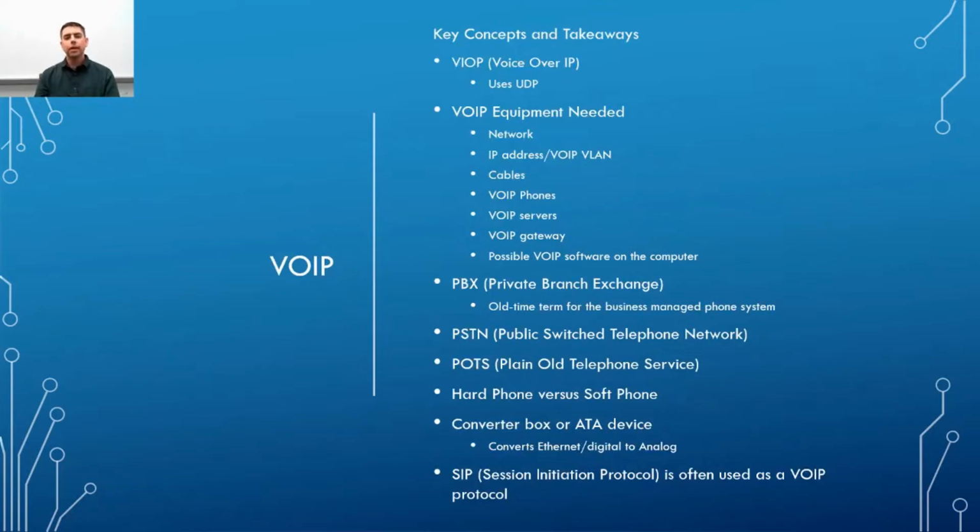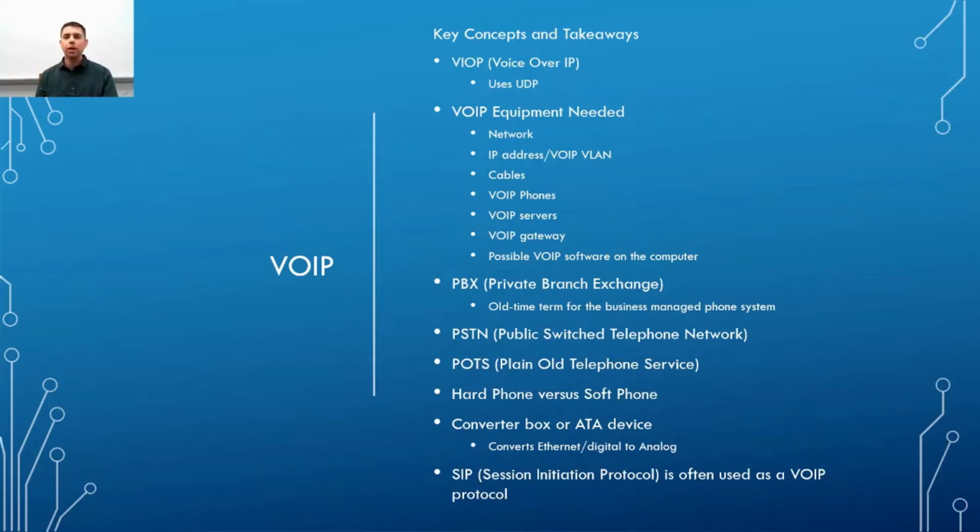VoIP. So VoIP is voice over IP. It uses UDP, as a side note, which, as we've learned before, is the IP protocol that does not require checking on the packets. If you remember TCP, it checks to make sure that the packets are arriving in the proper order and that they're being reassembled in the proper order.